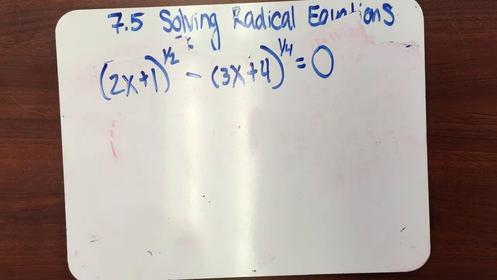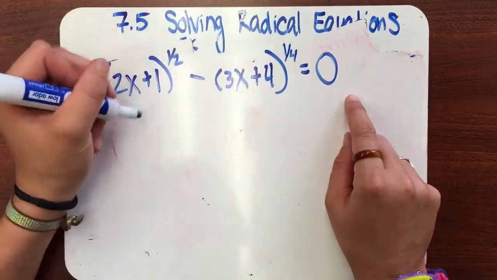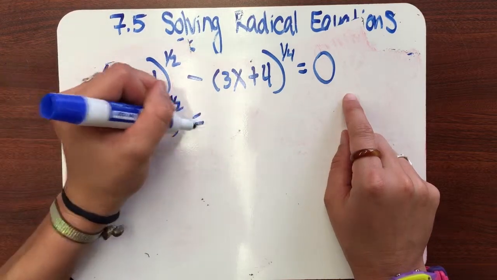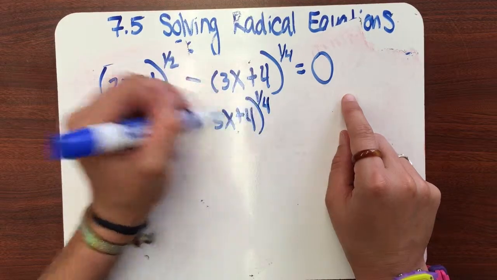So the first thing is to get one of them to the other side. So we're going to add this over, and we have 2x plus 1 to the 1/2 is equal to 3x plus 4 to the 1/4.